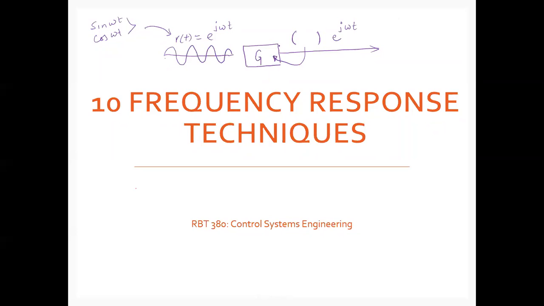This amplitude is a function of j omega, meaning this does not depend on t. See, this input is a function of omega and t, but this G, which is the amplitude, is just a function of omega because it doesn't depend on time.